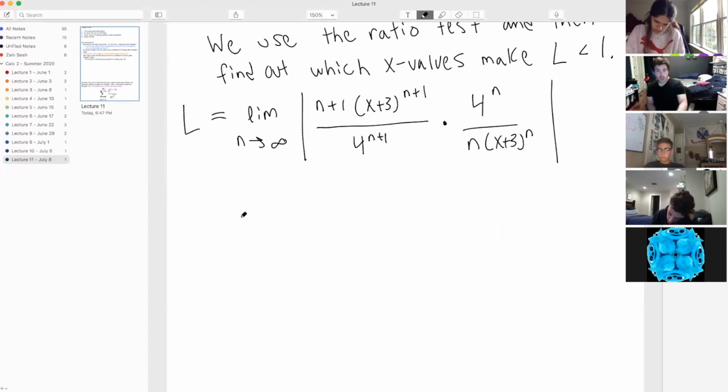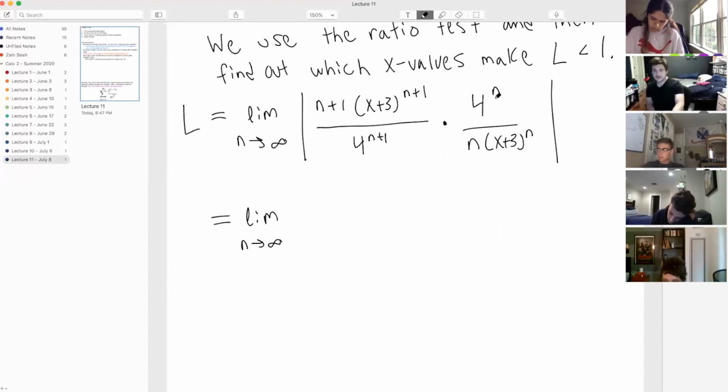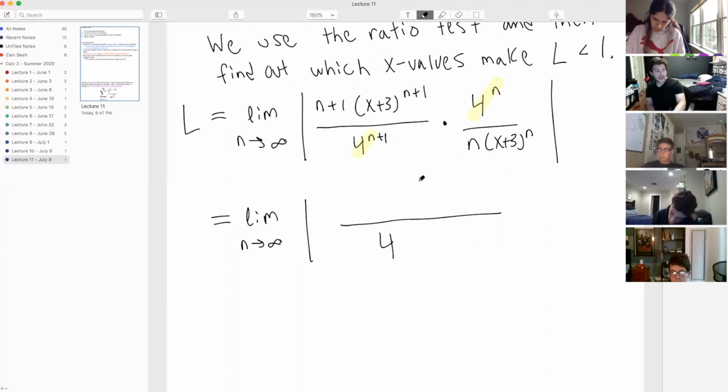So this will be equal to the limit as n goes to infinity. Well, this 4 to the n is going to cancel with the 4 to the n here, so we're just left with a single 4 at the bottom. And also, the (x plus 3) to the n plus 1 power will, all but one of them, cancel with (x plus 3) to the nth power.